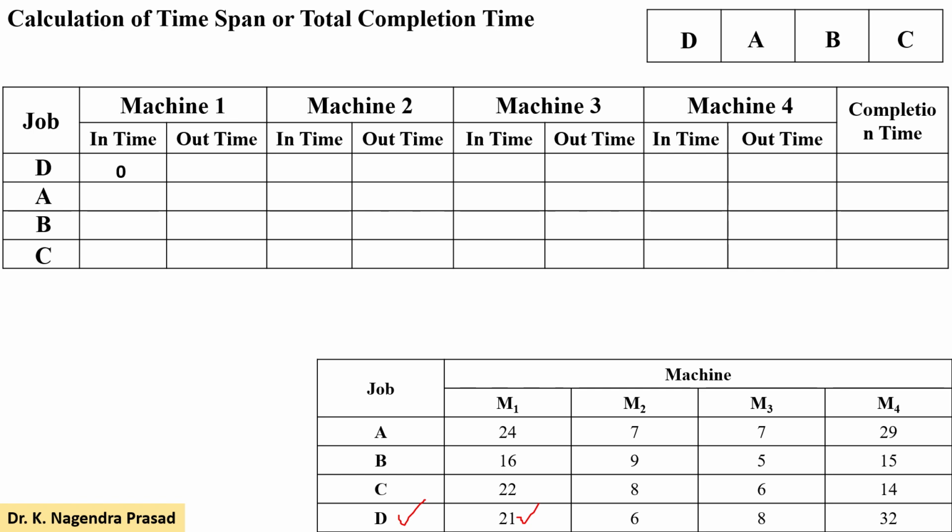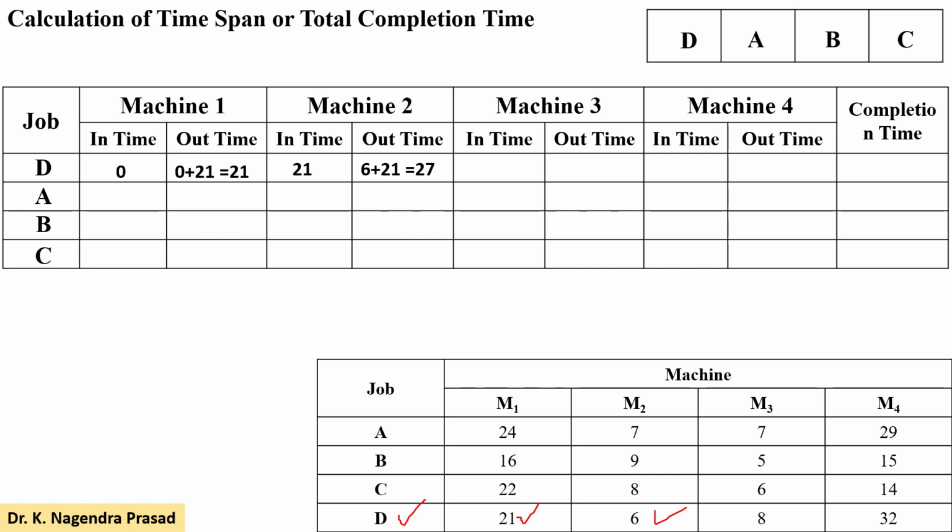So out time for job D on machine 1 is 0 plus 21, which is equal to 21. So after 21 hours, job D has to be moved to machine 2. So in time for job D on machine 2 is 21 and out time is 21 plus the processing time 6. So 21 plus 6, which is equal to 27.